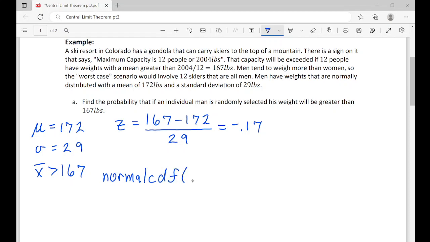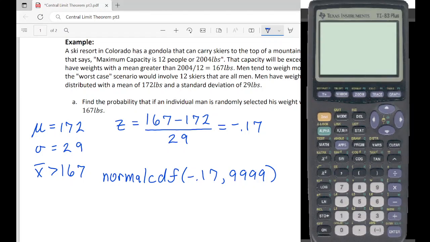with a lower bound of negative 0.17 and an upper bound of 9999. And since we're using normal CDF, it's just easier to use the calculator, so bring that up. We're going to go to second vars, number 2, normal CDF, and we're going to enter negative 0.17, comma 9999, and then enter, and we're going to get 0.5675.